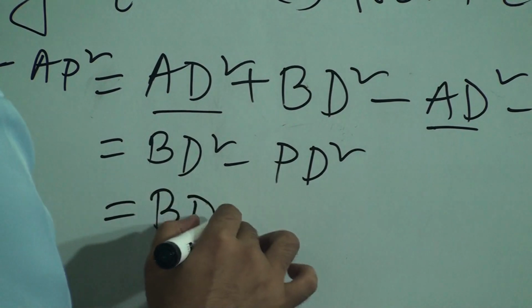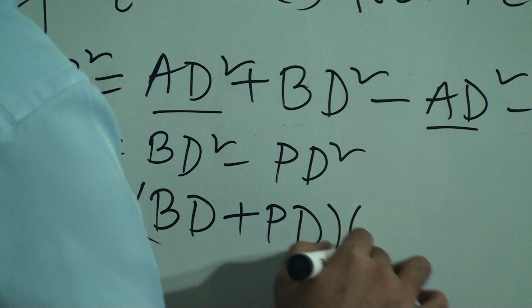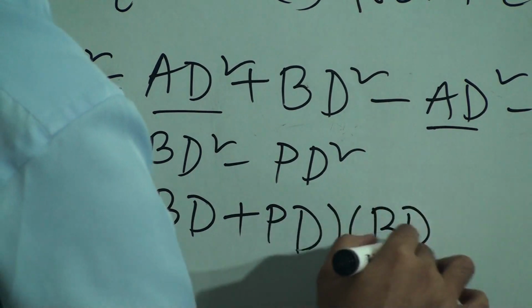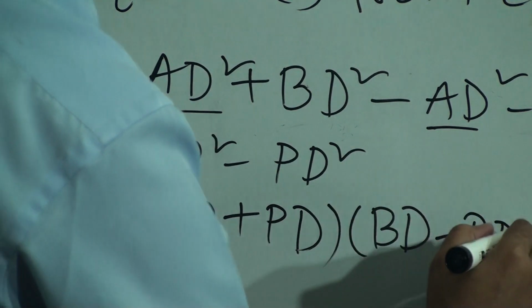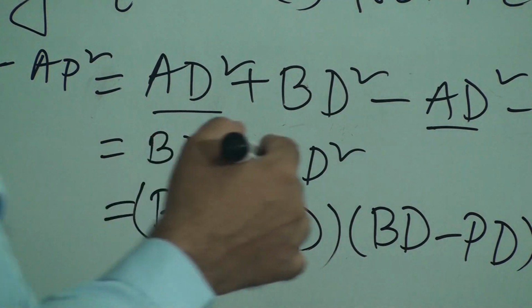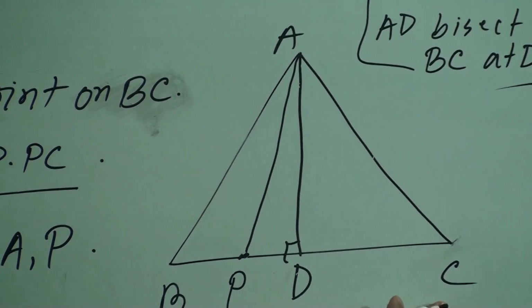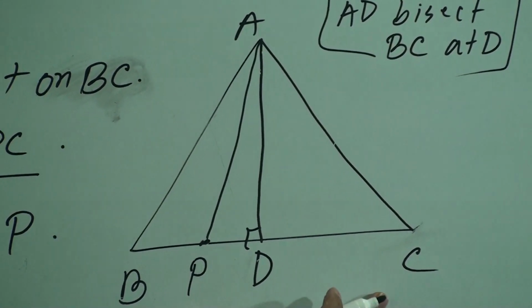So we can write BD plus PD into BD minus PD. So what can we get from this? BD plus PD. Dear students, we need PC. How can we get PC?